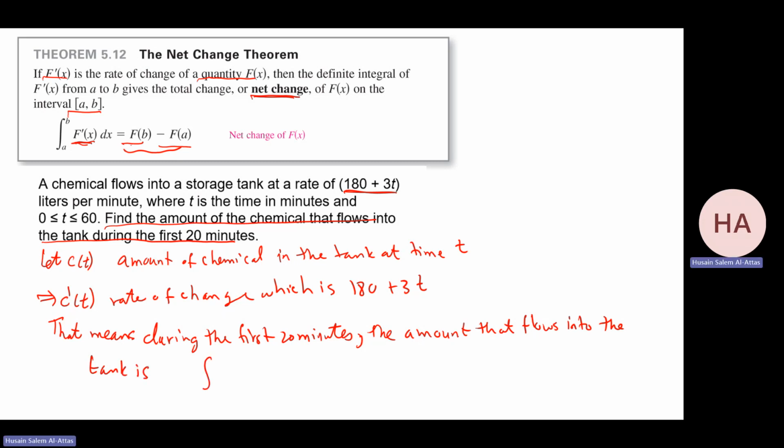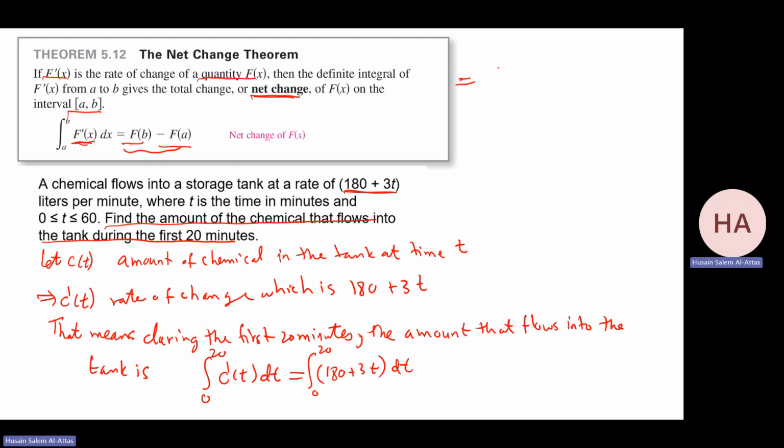The integral from 0 to 20 of C prime of T dt. And then I will do the integration now. So this is the integral from 0 to 20 of 180 plus 3t dt, which is what?